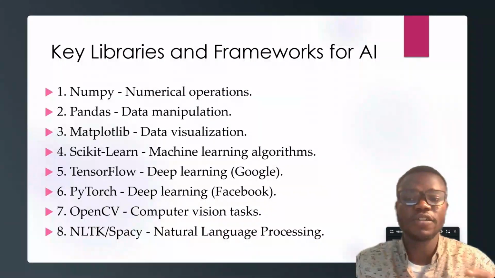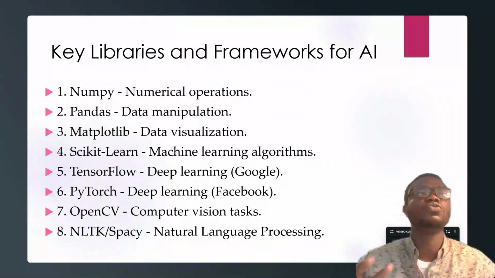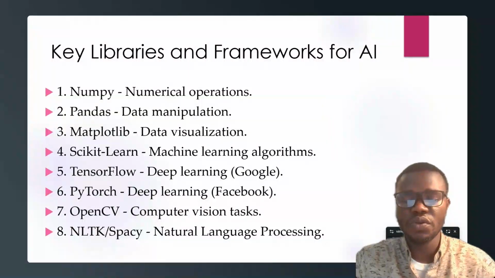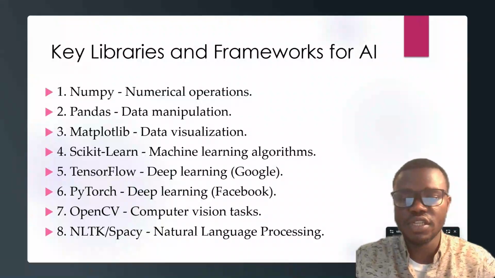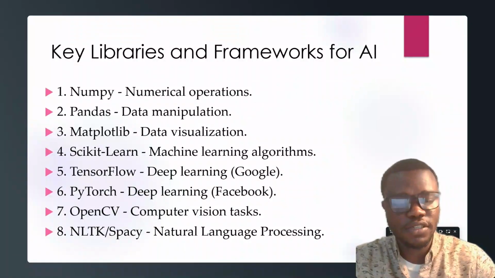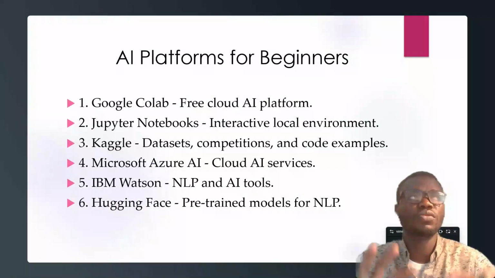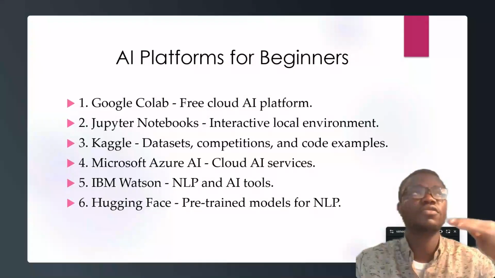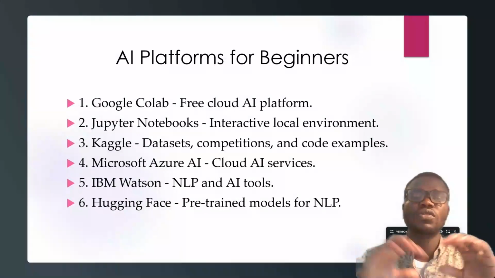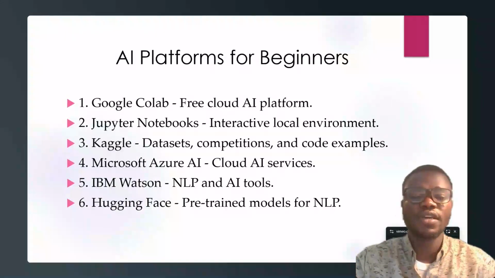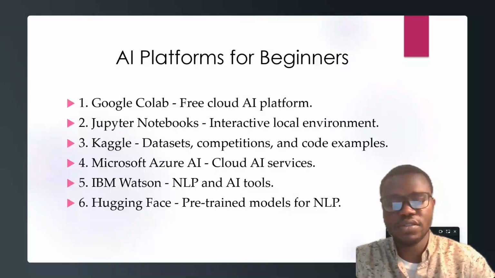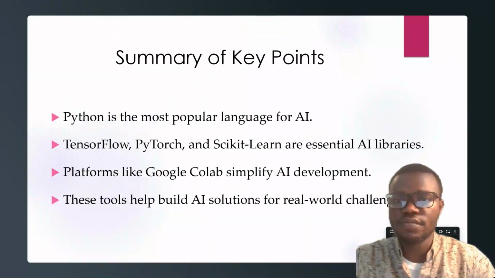PyTorch and TensorFlow are two things you should look at very well when you begin your journey. Google Colab and Jupyter Notebook are the two major platforms for writing code, splitting data, and training your models.